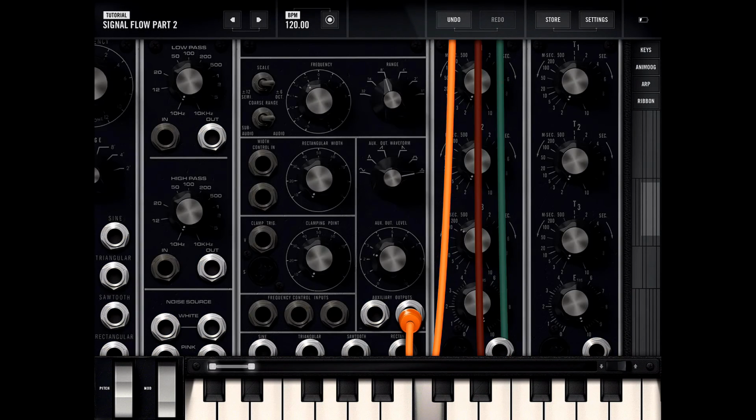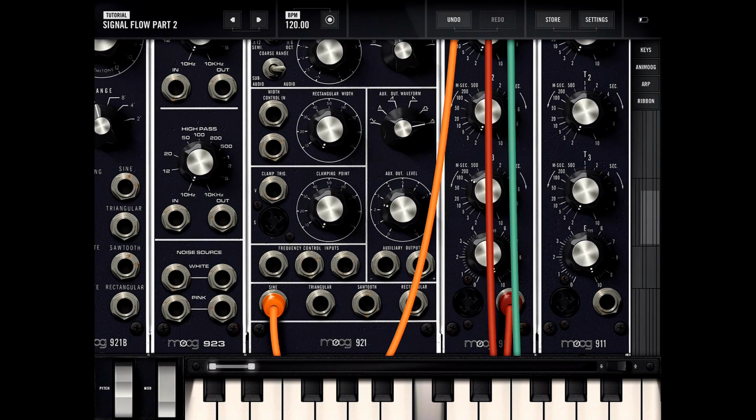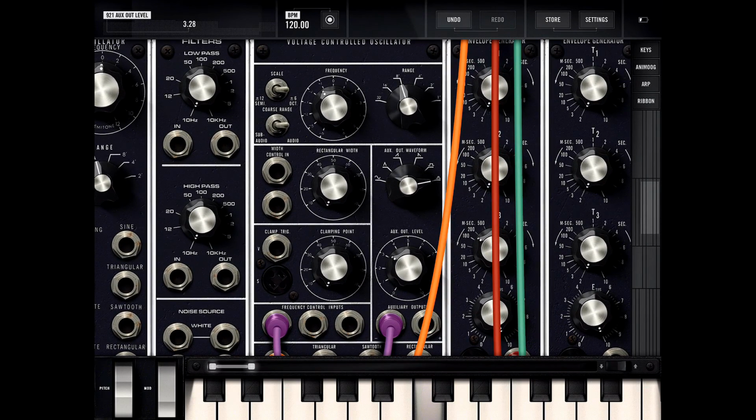Okay. One of the things we can do is hook this auxiliary waveform out to these frequency control inputs to make it kind of self-drive itself. Let's see if we can get some interesting effects there.